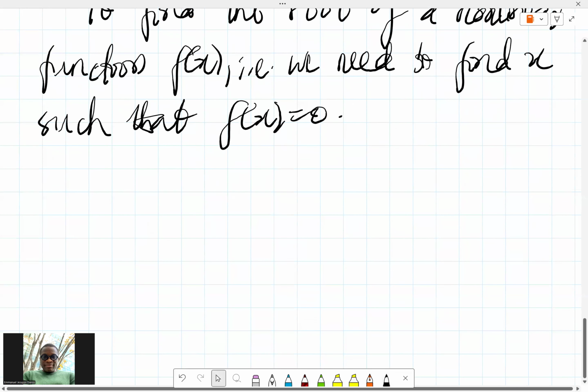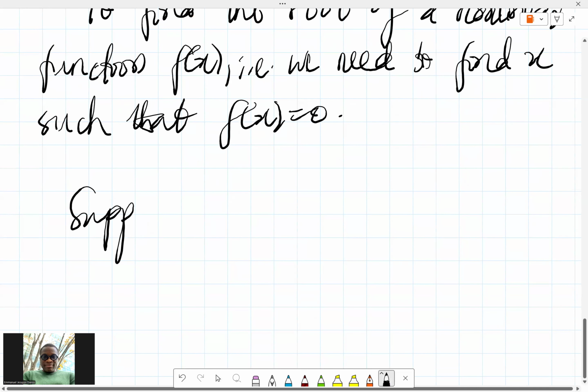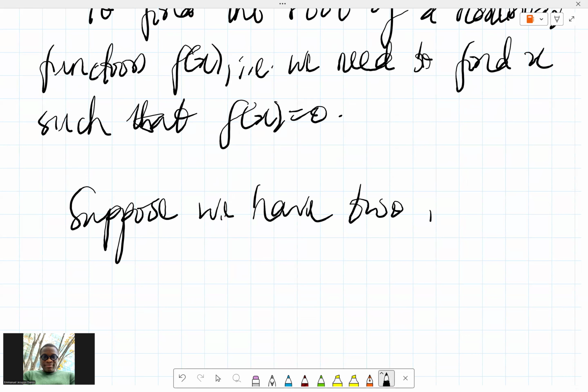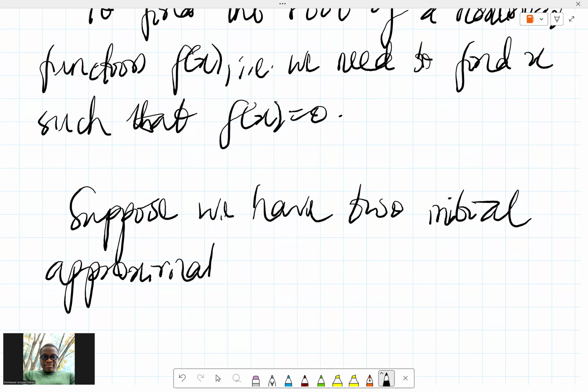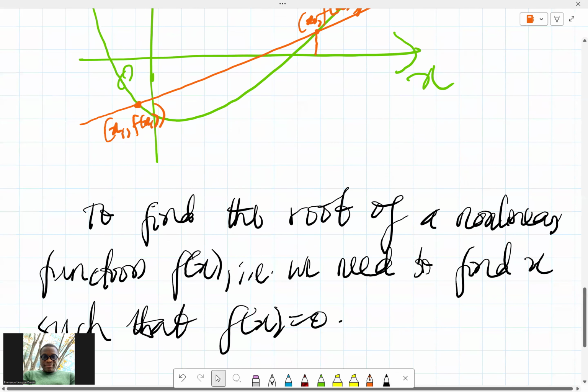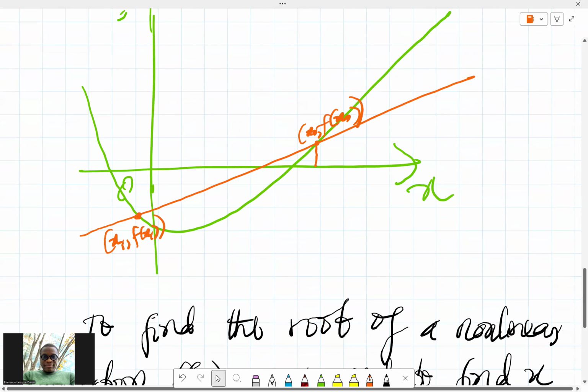The next thing is, suppose we have two initial approximations, x naught and x1, just like what we have up there. We are looking for the root.